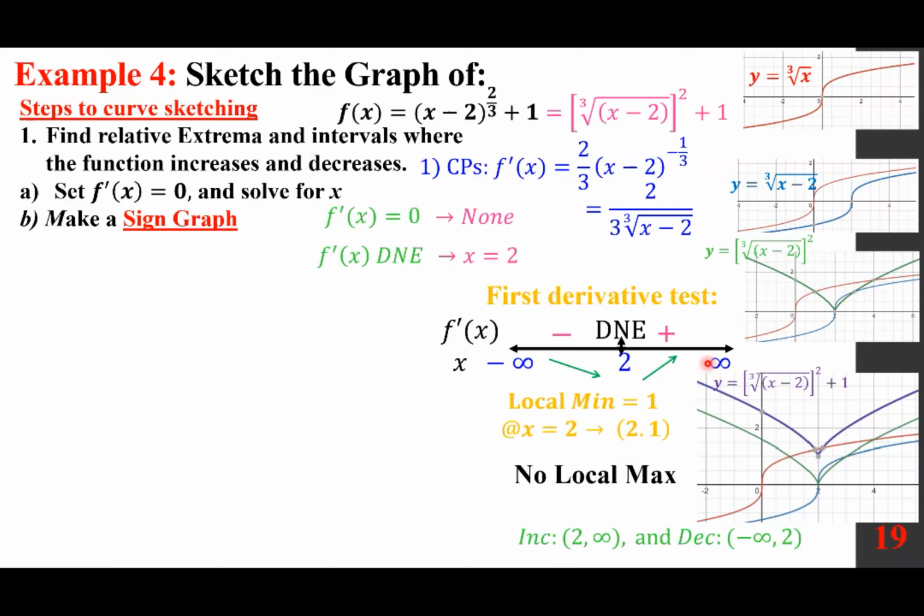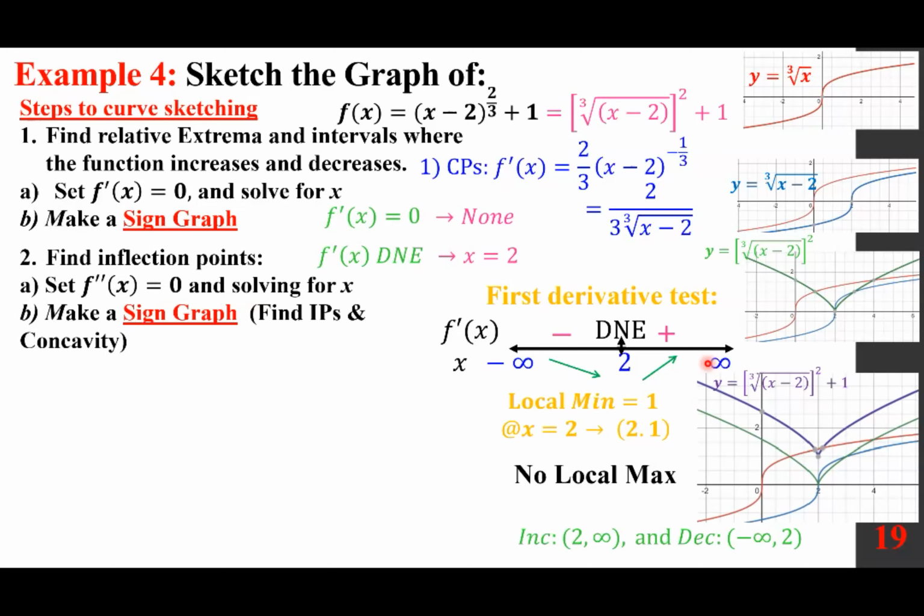We are going to go with f double prime in order to get to inflection points. And to differentiate that, we are going to use this one, 2/3 times negative 1/3.